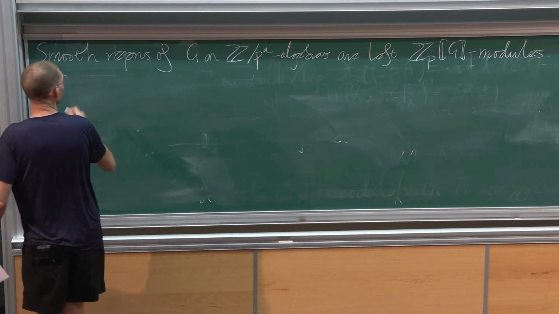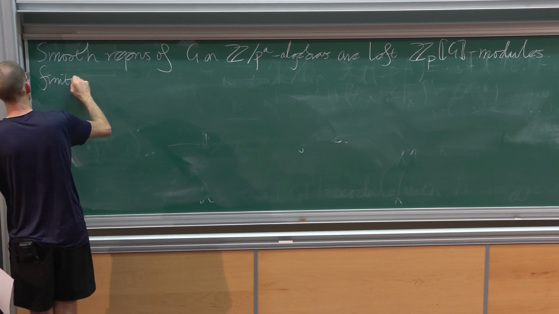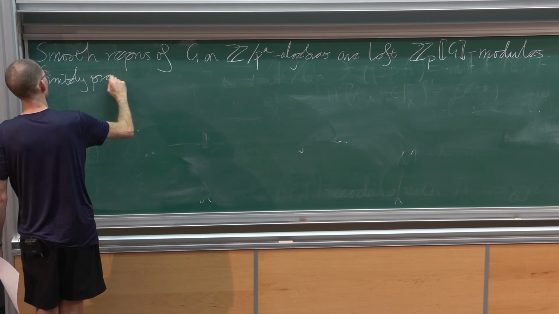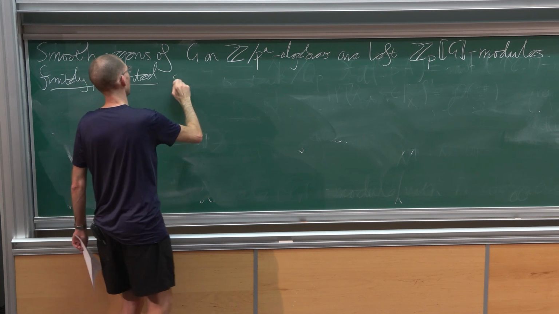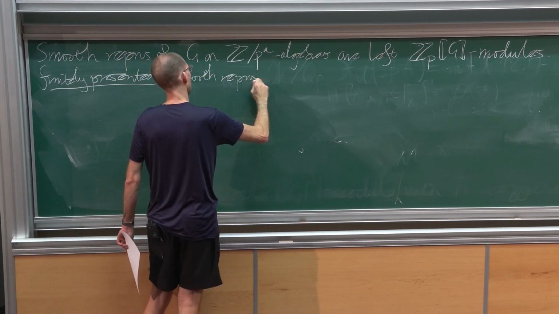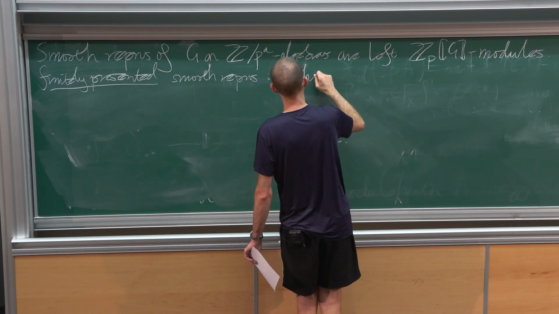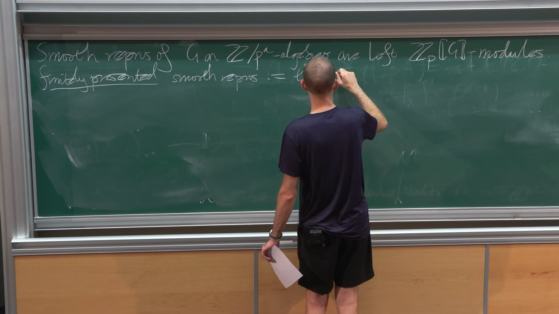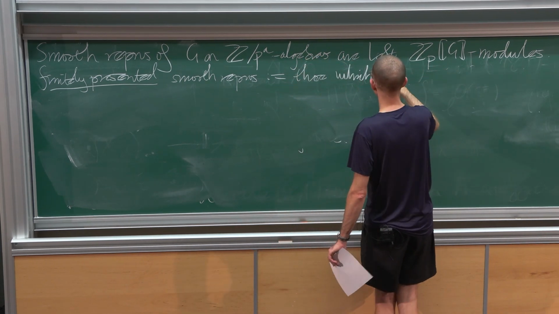And indeed, there's an immediate definition of finitely presented smooth representations: they are by definition those smooth representations which are finitely presented as modules over this group ring.